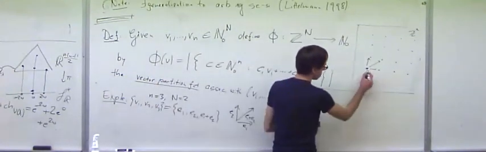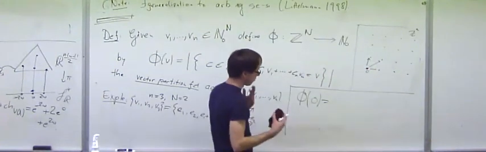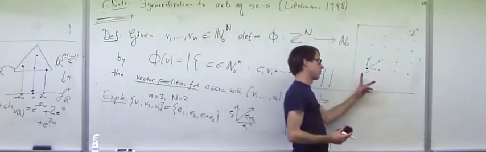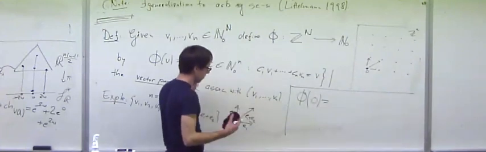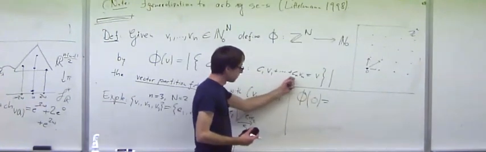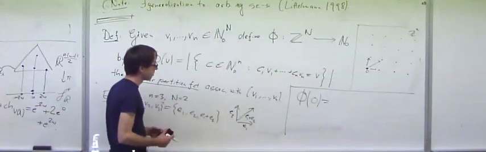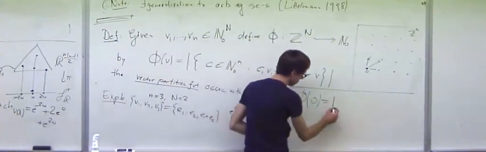So if I start at 0 and I want to get to 0, I have only one possibility, not moving at all, because once I move, I can never go back, because I can only go to the top and to the right. So mathematically speaking, I have to put all these coefficients to 0. So there is just one possibility, just one coefficient vector. So this would be 1.